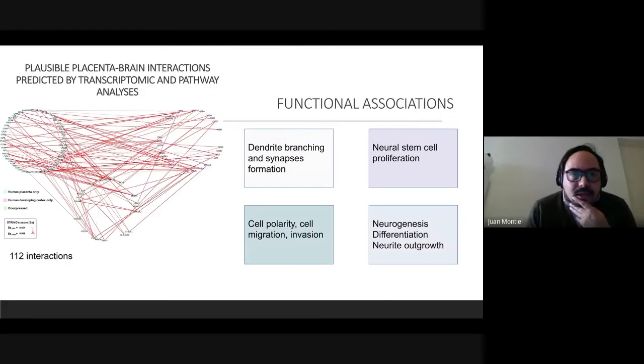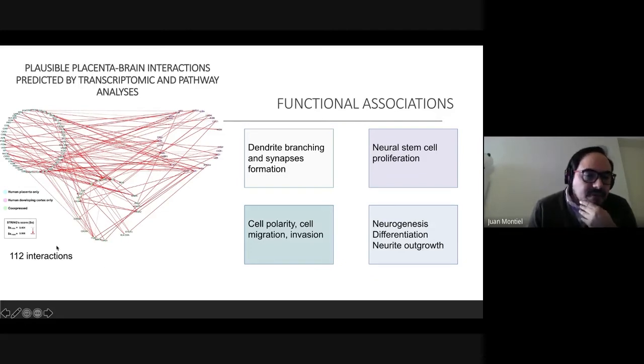This is a parenthesis, to mention that the brain development is not an enclosed process. It's interacting with different organs during development. And this is one of our studies about interactions between the placenta and the brain.